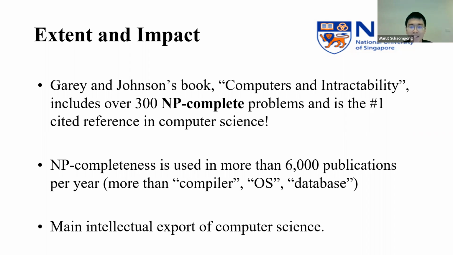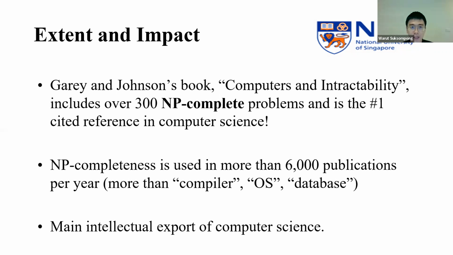Because now what you've shown is that if there's a polytime algorithm for your problem, there would be a polytime algorithm for all these hundreds of thousands of problems in different domains that people have tried solving for many decades, and no one has found a polytime algorithm for any of them. So if your problem is NP-complete, then it's quite likely that it's really computationally hard. People are much more likely to be convinced. So that's why NP-completeness is important. It's a way for you to show that a problem is likely to be computationally hard.